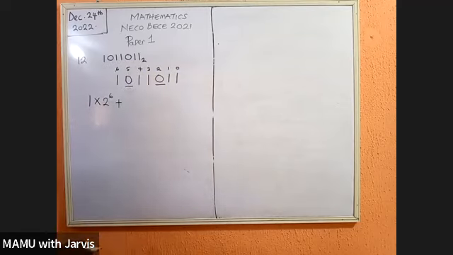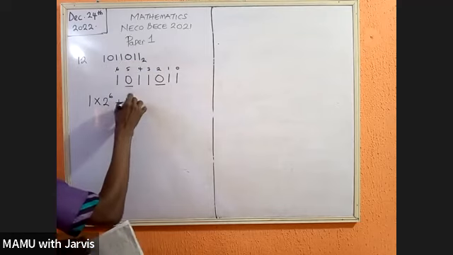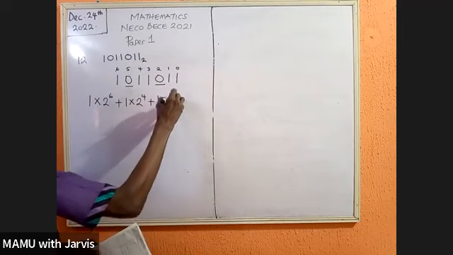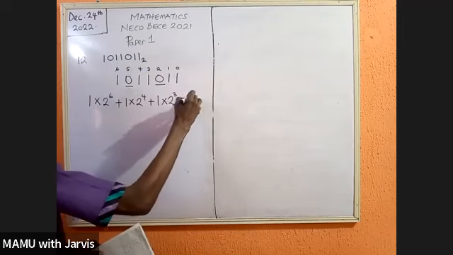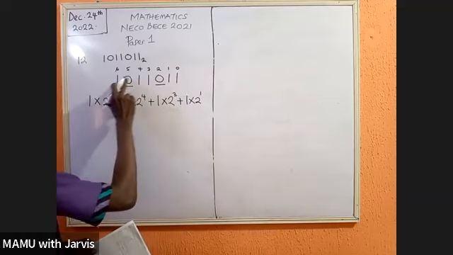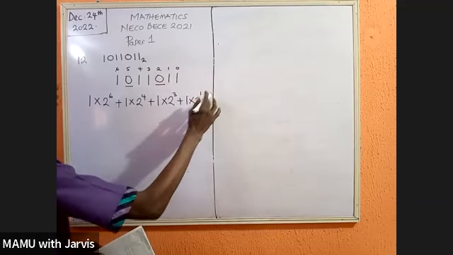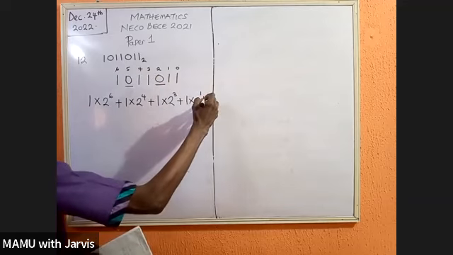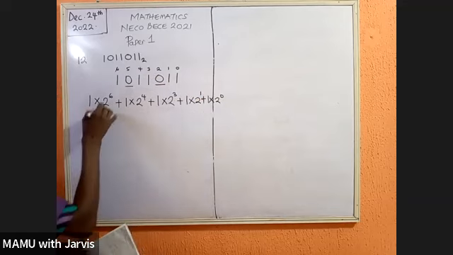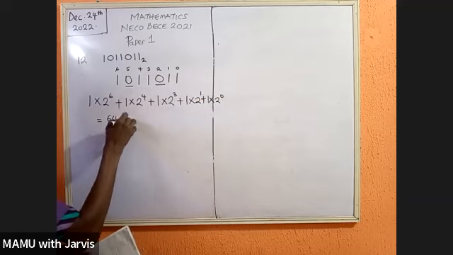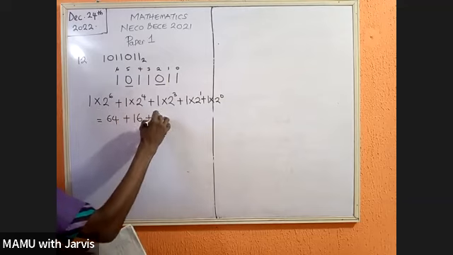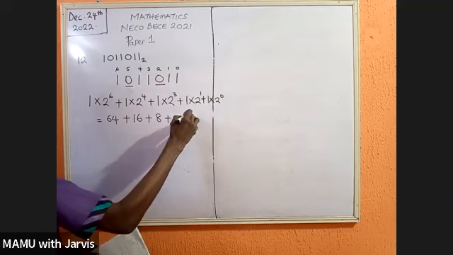Anything multiplied by 0 will give me 0. So I go to the next one, 1 times 2 raised to the power of 4, plus 1 times 2 raised to the power of 3, plus 1 times 2 raised to the power of 1, plus 1 times 2 raised to the power of 0. So this will give me 64, this will give me 16 if I'm right, 8, 2, 1.